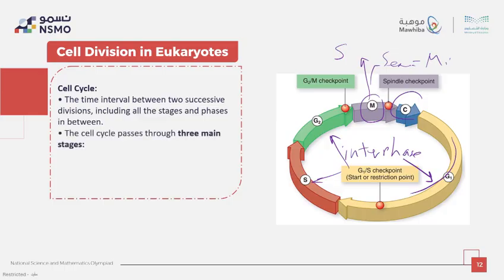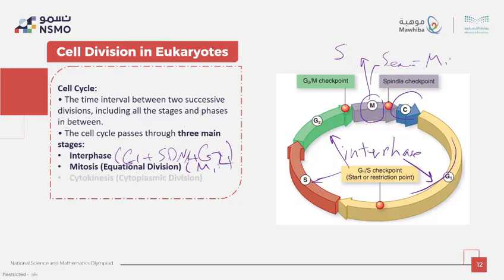So the cell cycle is the time interval between two successive divisions, including all the stages and phases in between. The cell passes through three main stages: interphase, which is G1 plus S DNA plus G2. The second one is mitosis if this is a somatic cell, but if it is a sexual cell, it will be meiosis.